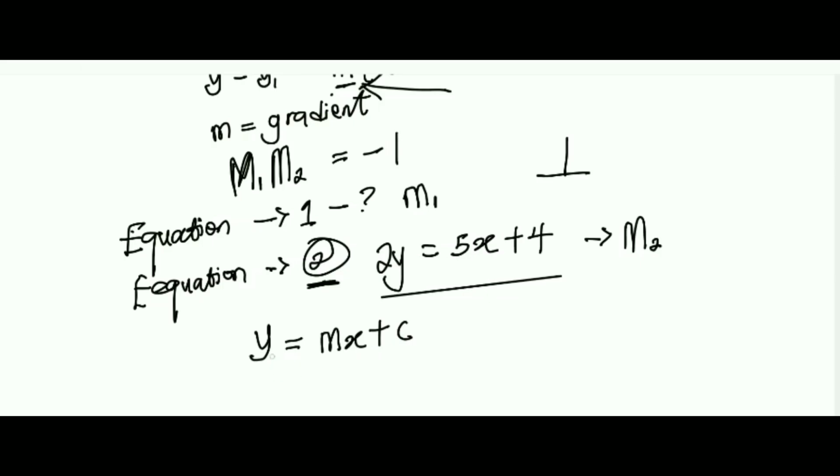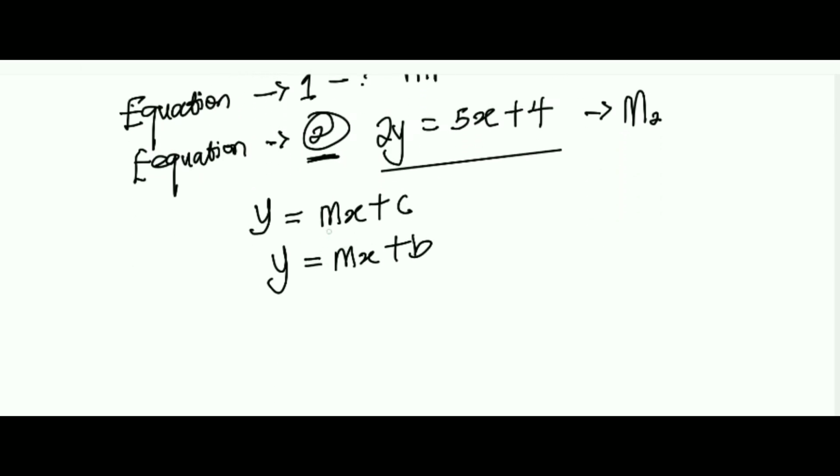It simply means make y the subject of the formula. In other books, you could say it as y equals mx plus b. It means the same thing. M here represents the coefficient of x, and that is the gradient. C is the y-intercept, the same thing as b. B represents the y-intercept.